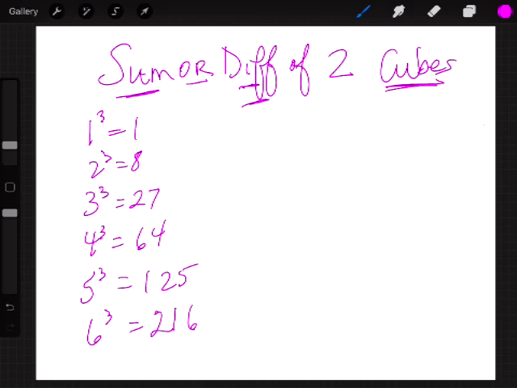So these are your perfect cubes. Probably the only one that's a lot bigger than that you would come up with would be 10 to the third, which is 1,000. So keep these numbers in your brain, because we're going to have to use them for factoring the sum or the difference of two cubes.